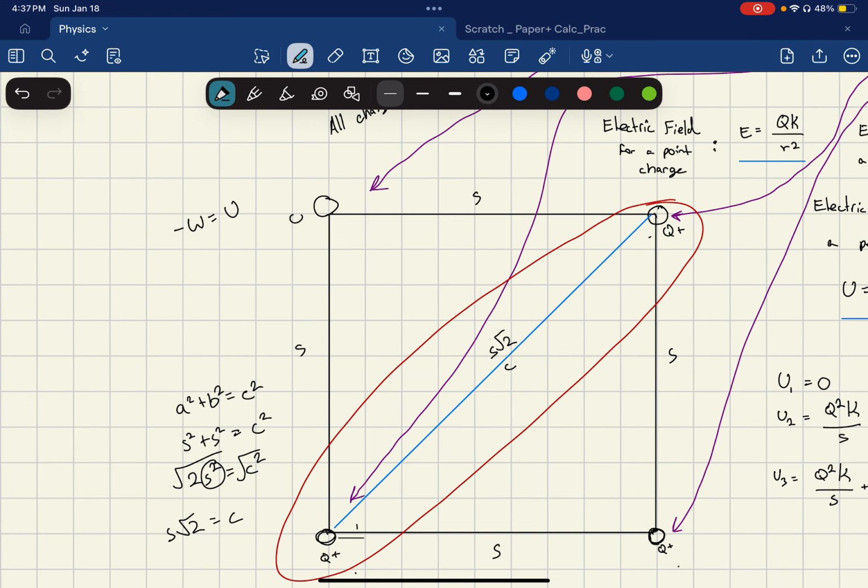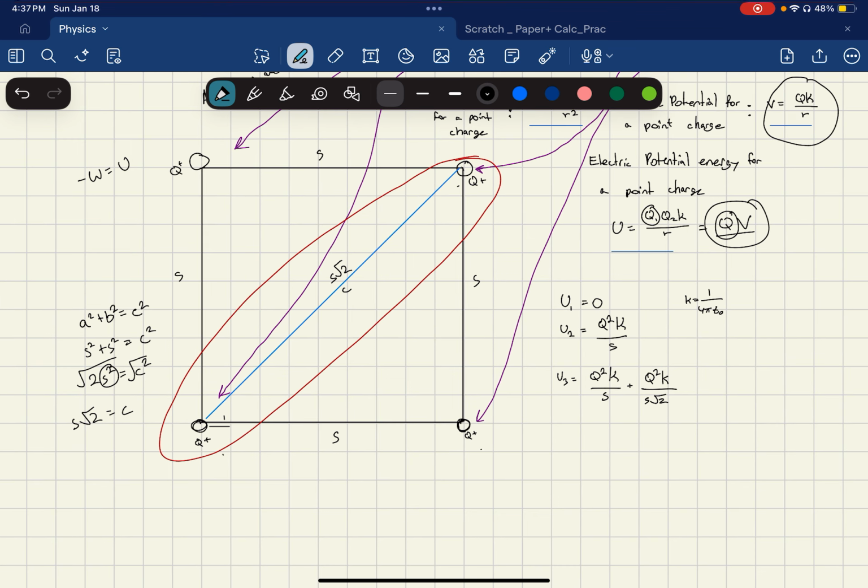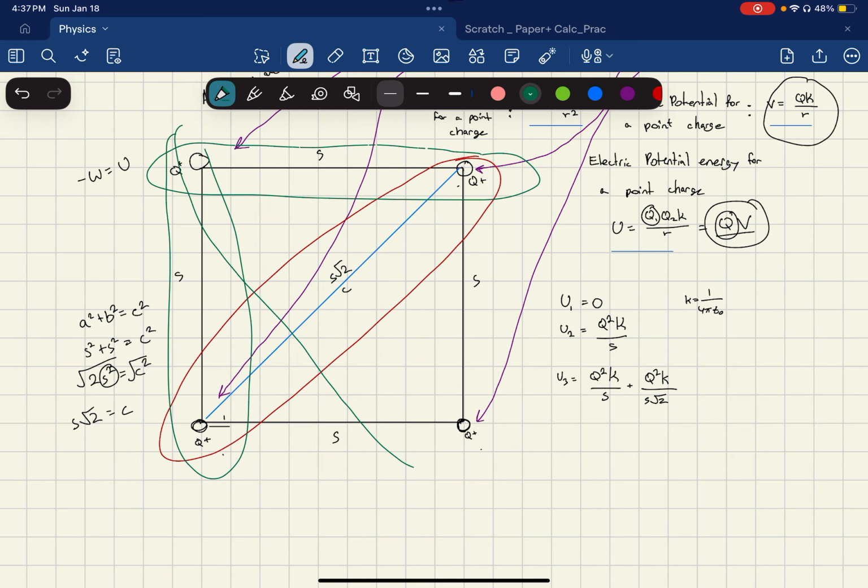So that's going to be Q plus again. Now we do the exact same thing that we did with the third charge. We just have to do it with an extra charge. So we're going to have the potential energy from this charge, the potential energy from this charge, and the potential energy from this diagonal. So let's do those all three together.